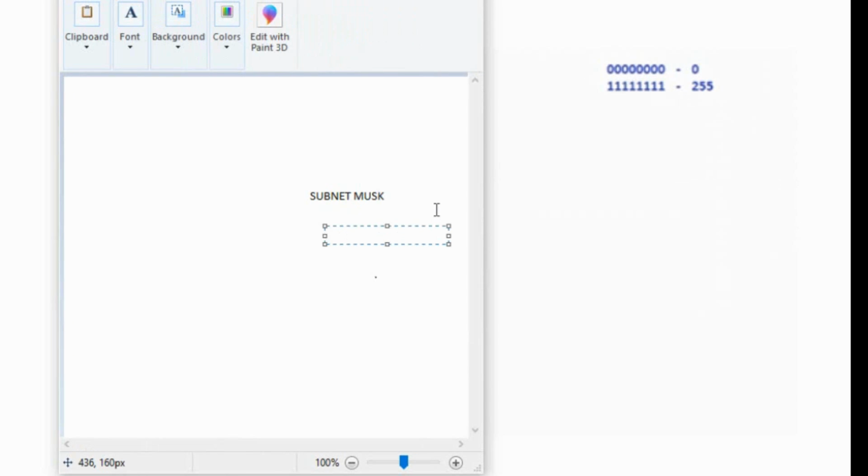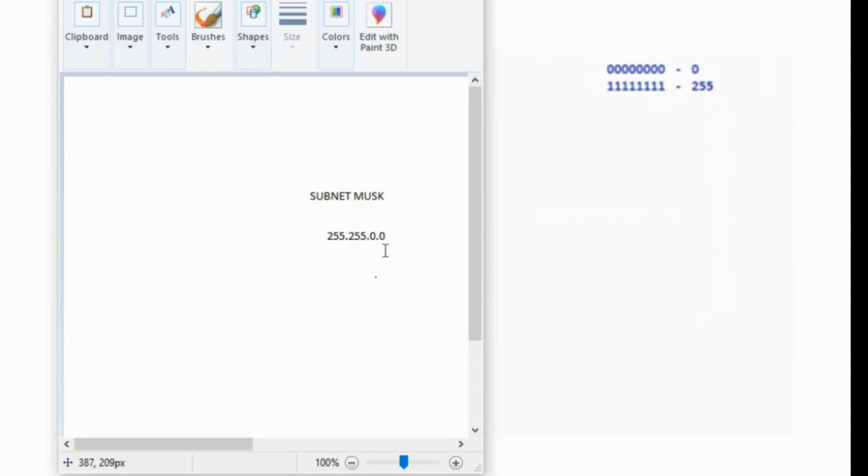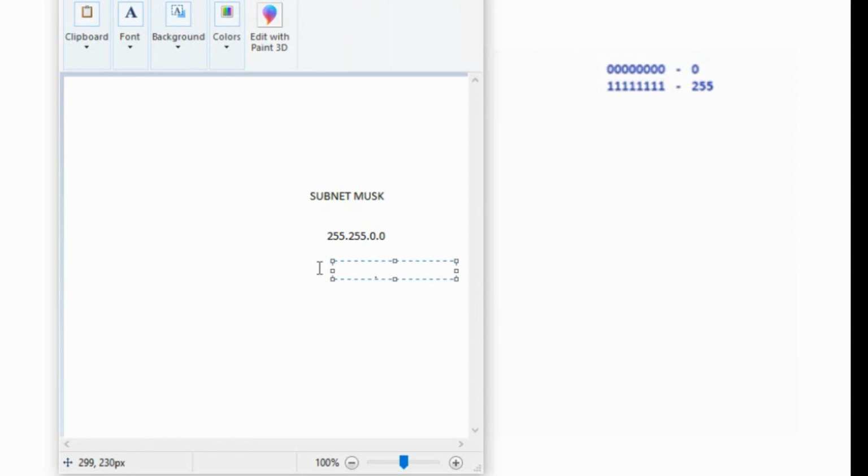If the subnet mask is 255.255.0.0, right away you have to find out how to get the binary format from the subnet mask.